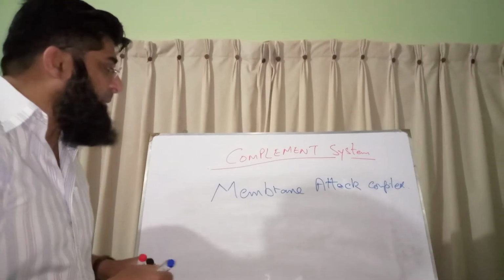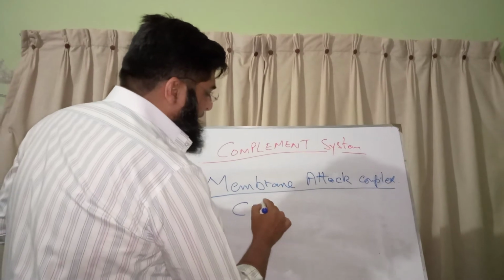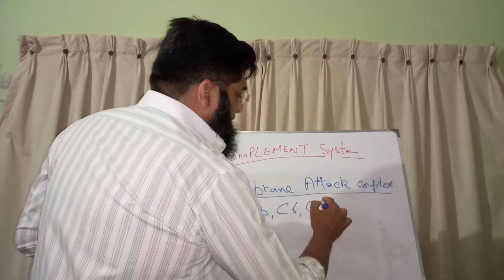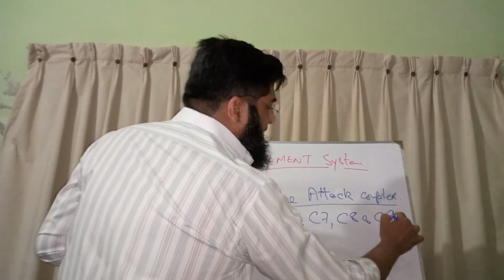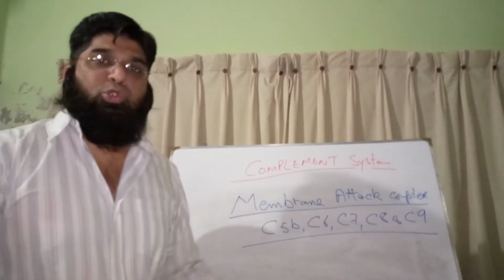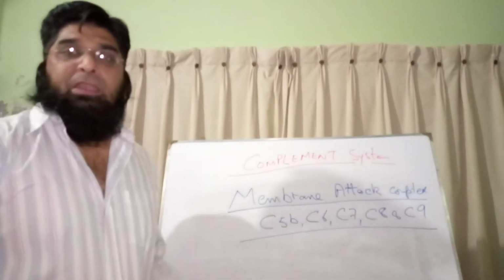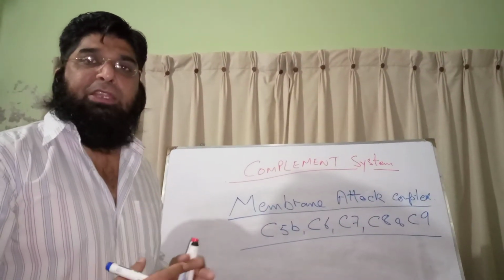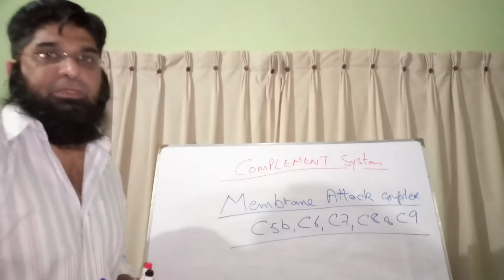What are those complement proteins? C5b, C6, C7, C8 and C9. These five complement proteins join together to form an effector protein which is called the membrane attack complex.